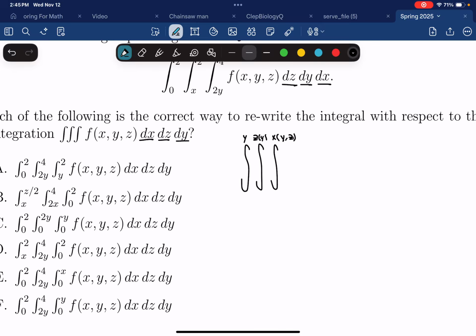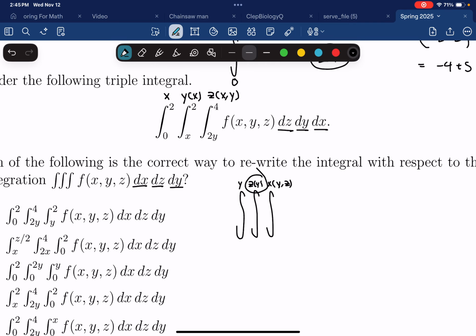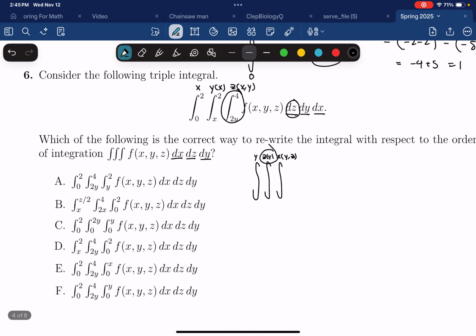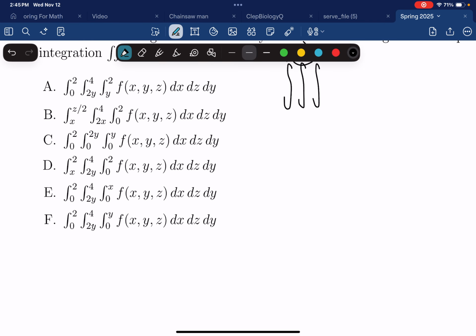So x should just contain a y, right? So if we look at our original z bound, z should contain y. z, in this case, doesn't actually change. It stays as 2y to 4.